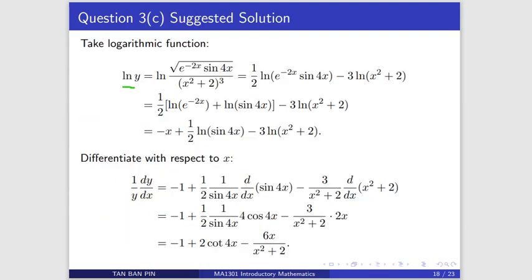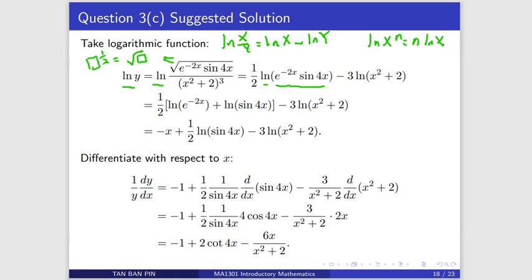So you take log on both sides. After that, you use the fact that log of x over y is log x minus log y, and also that when you have log x power n, you can bring the power down. So you can split it as ln of the numerator, where the square root sign you write as power half, and the power you can bring down.